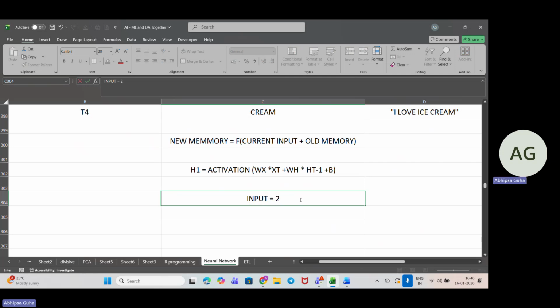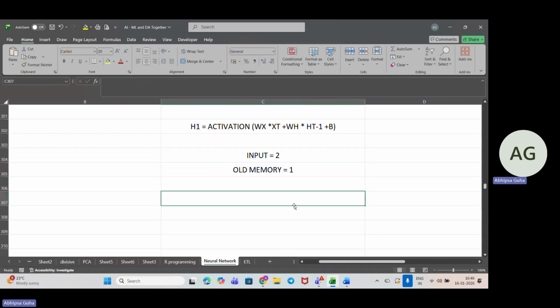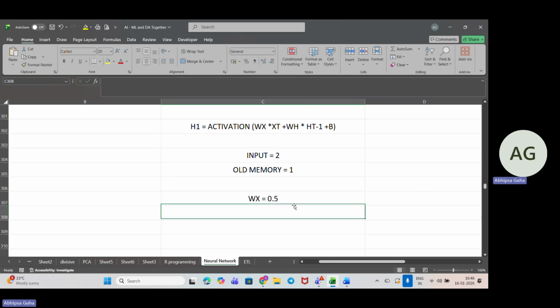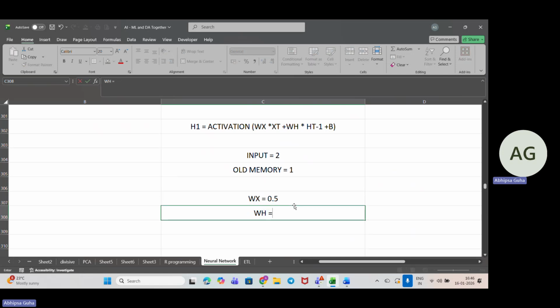Now if I am giving the input number 2, and I have an old memory that is coming as 1, just for reference. Now we have the weights. Suppose Wx we will be taking as 0.5, Wh we will be taking as 0.4, and bias value I'll be taking as 0.1.